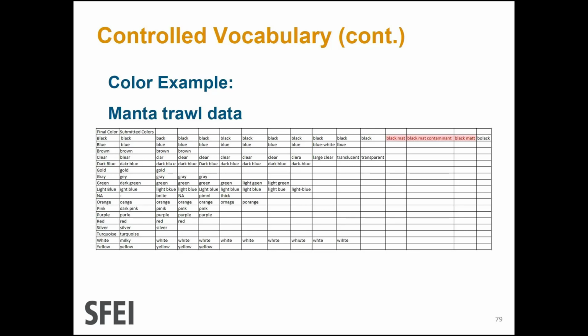Some of these are just typos, trailing spaces, capitalization, which is relatively easy to clean up. Then you also had a couple of situations where non-color information was included in this field, the black mats and black mat contaminants. Those are referring to the field blank contamination that Diana and Chelsea talked about.